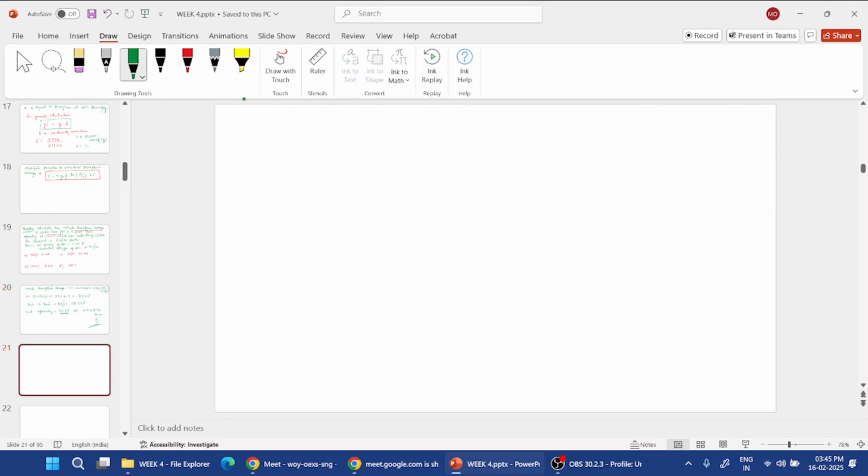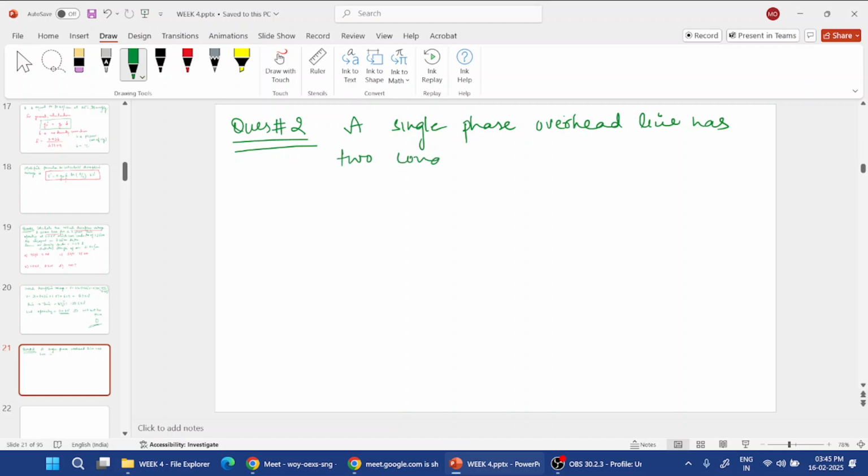Now, another question. Question number 2. A single phase overhead line has two conductors of diameter 1 centimeter with spacing 1 meter.